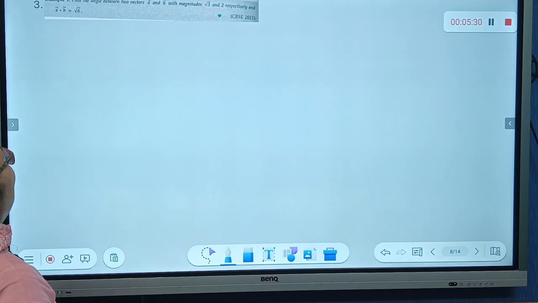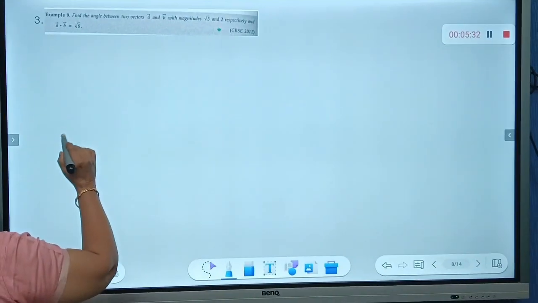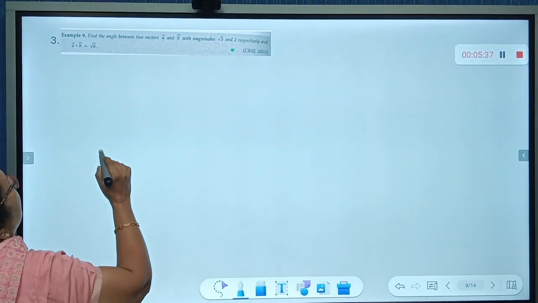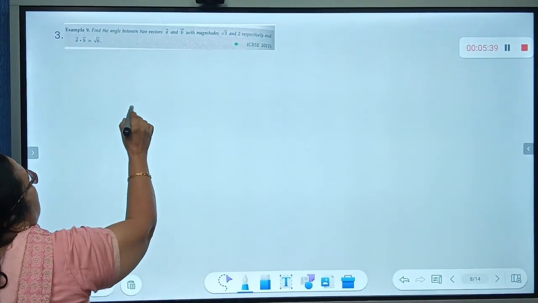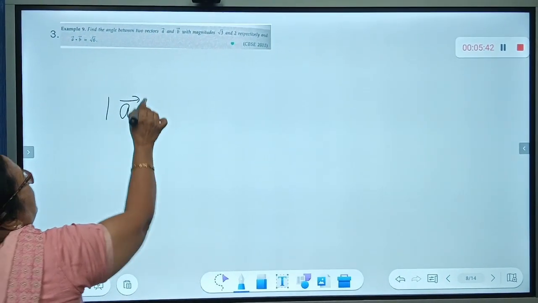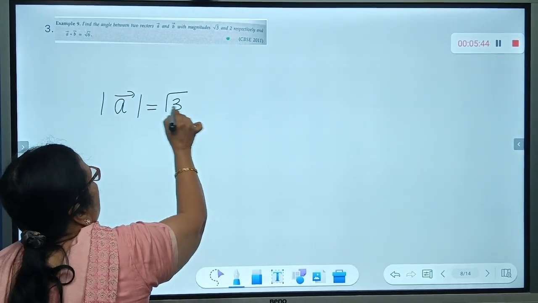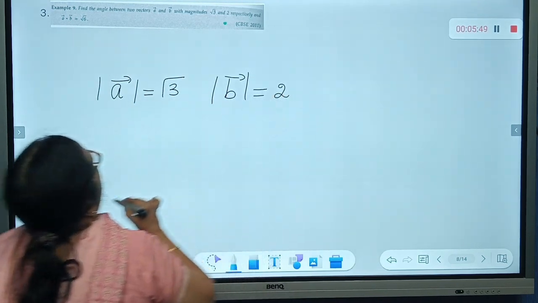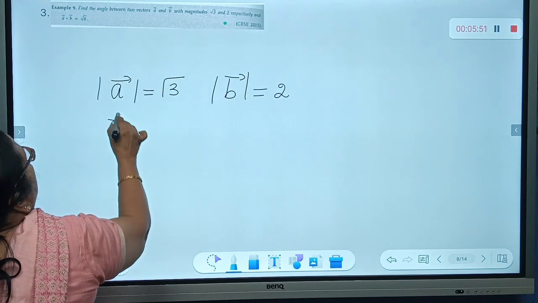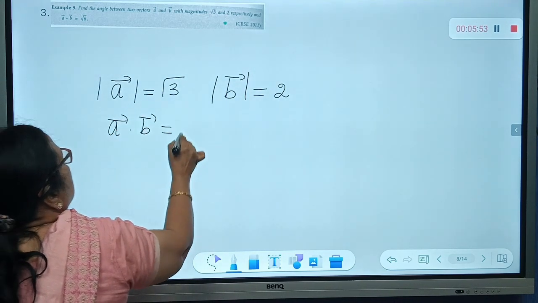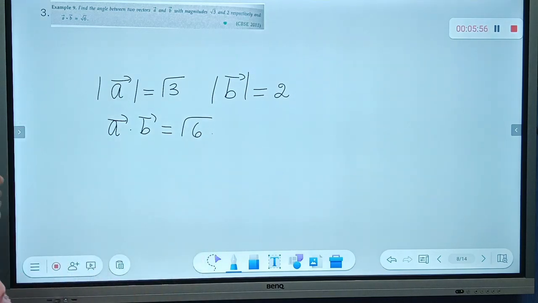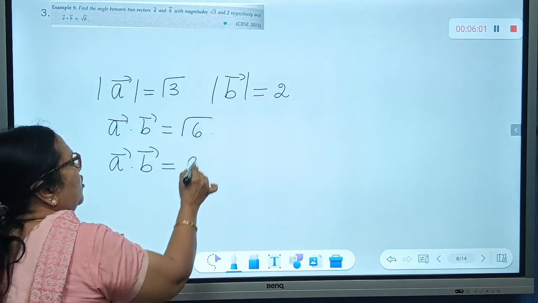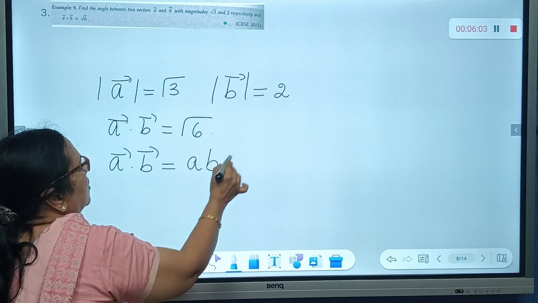Now, you have to find the angle between two vectors a vector and b vector with magnitudes root 3 and 2 respectively and a dot b equal to root 6. So, modulus of a vector is root 3, modulus of b vector is 2 and a dot b is given to be root 6. By definition, a dot b is equal to ab cos theta.